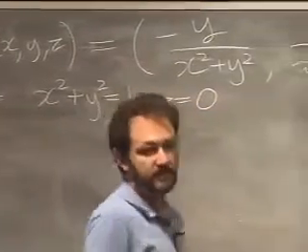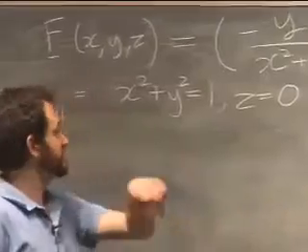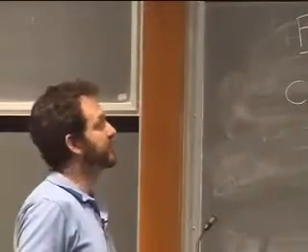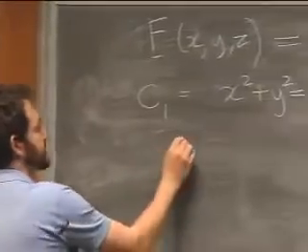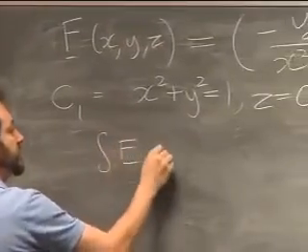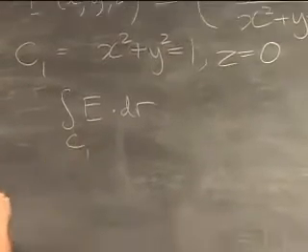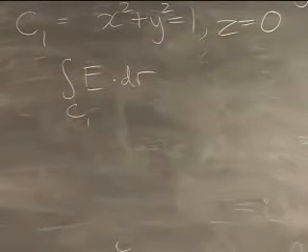So we're working in 3 dimensions, but this is a circle contained in the xy plane. And so the first part is to compute the integral of f dot dr for this C1. So compute that directly. Well, we probably actually have to do it.